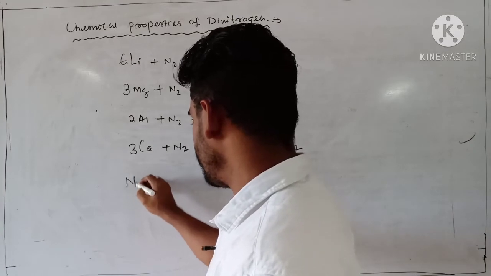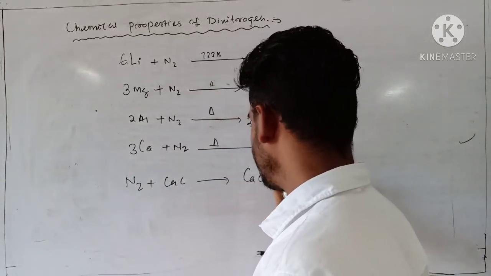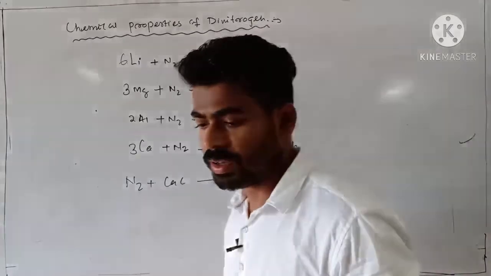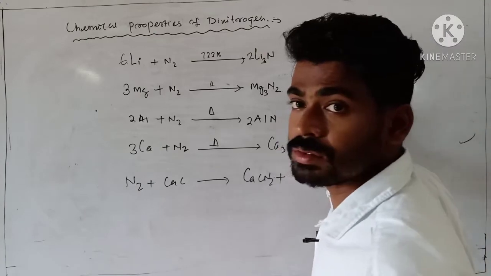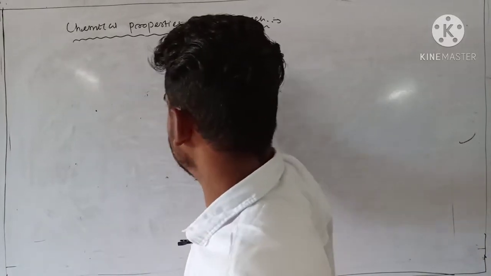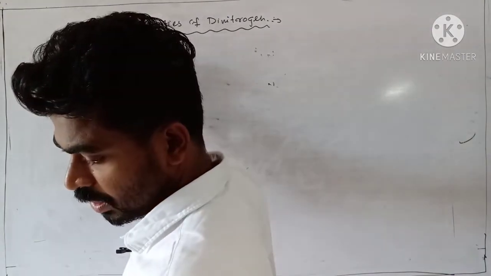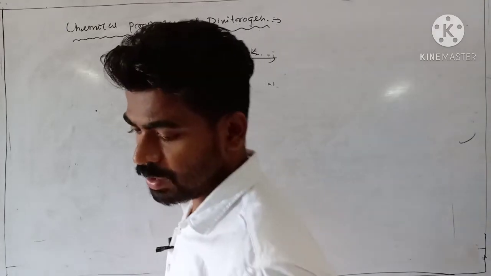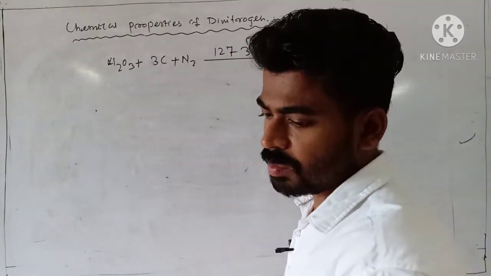You see, dinitrogen plus CaC2, calcium carbide, will form calcium cyanamide, CaCN2, plus C. Next, it is also treated with alumina: Al2O3 plus 3C plus N2 at 1273 Kelvin gives 2AlN plus 3CO. So these are some chemical properties.